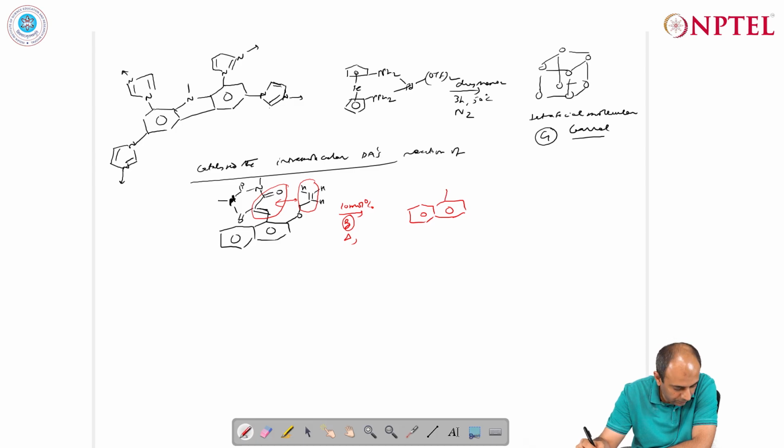and it will give rise to the product. So you will have hydrogen here, you will have the hydrogen here, so you will have the cyclization here, and then this will lead to the formation of the product.